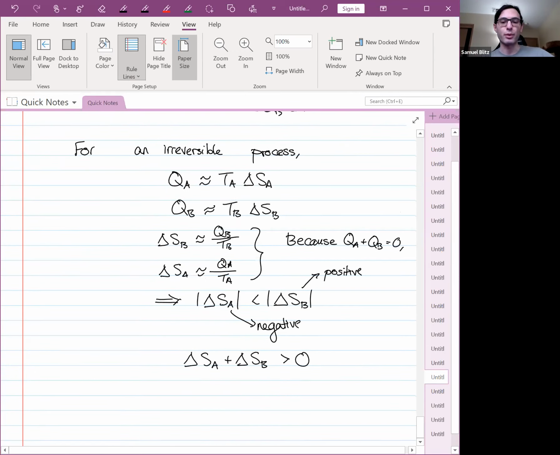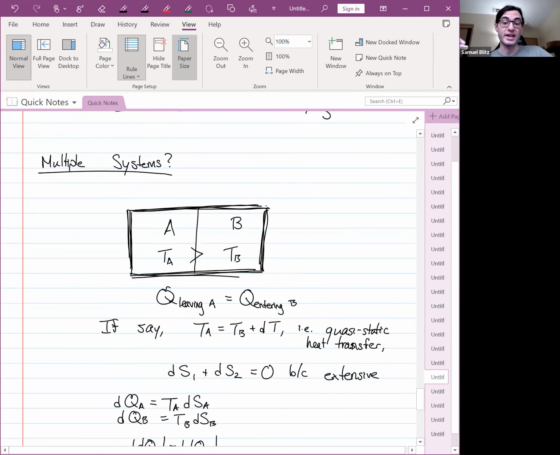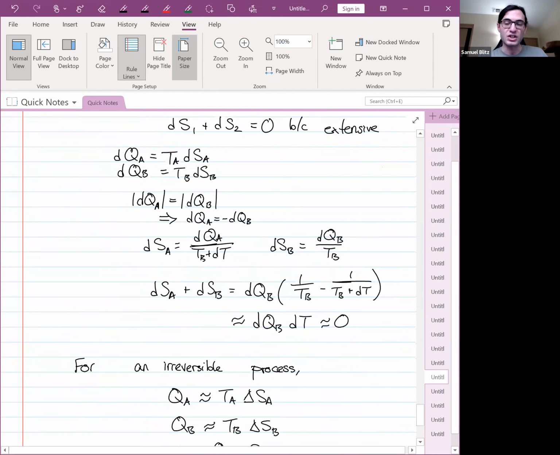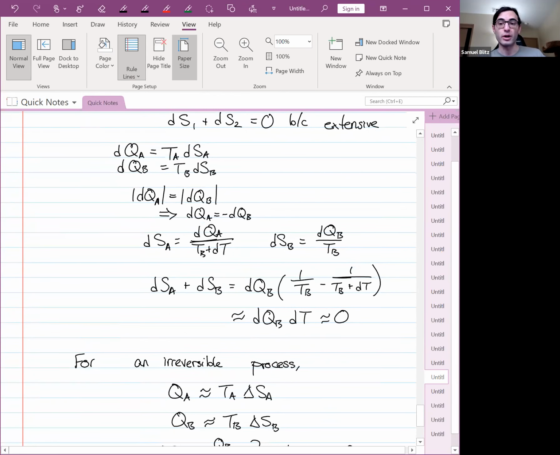So in this example, we had an extensive variable, and we may have thought that if the process was reversible, that variable will just be the sum of that variable for the two separate systems. And that's true. We found that the change in entropy is 0.